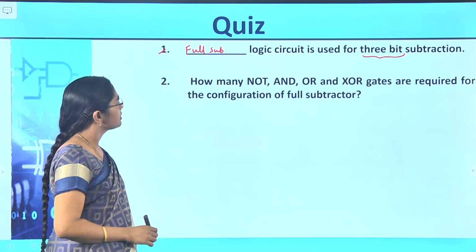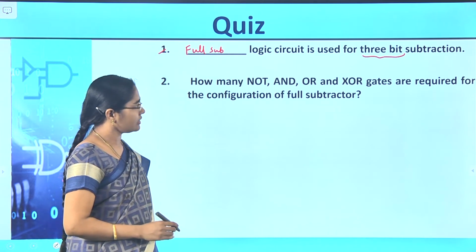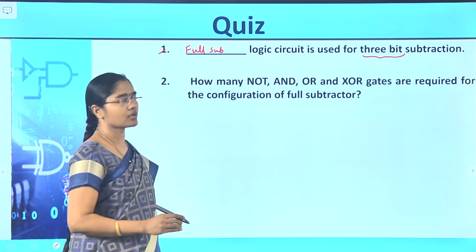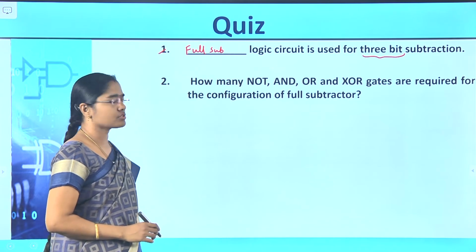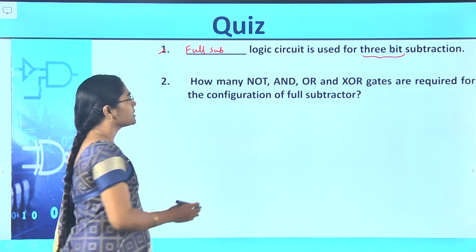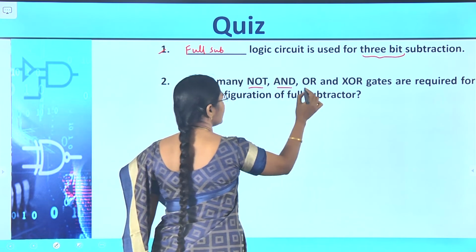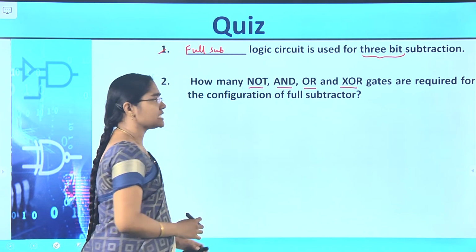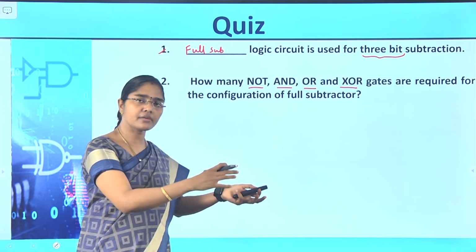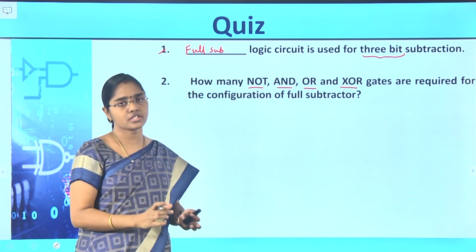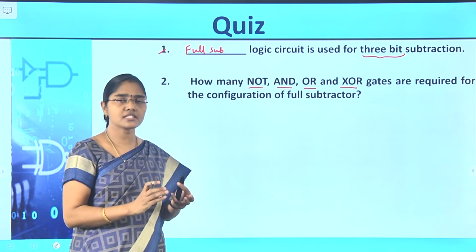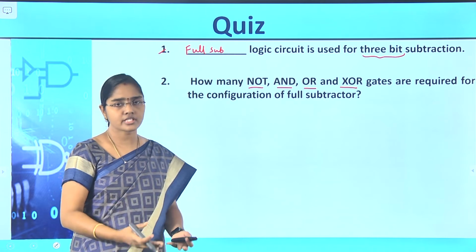Next question: how many NOT and XOR gates are required for the configuration of a full subtractor? We can answer this from the basic logic diagram or the most used logic diagram. Let us try to answer this with the most useful logic diagram.